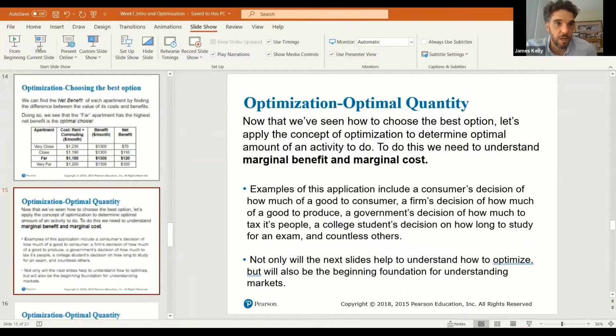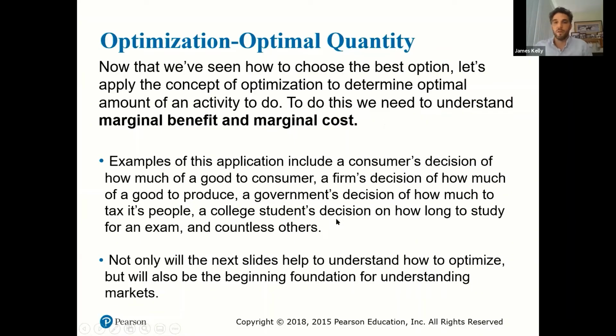So that's what we're going to discuss next, this idea of marginal analysis, or using marginal analysis to optimize. So if we go to our slideshow, a couple pieces that we have to take a look at are, again, these ideas of marginal benefit and marginal cost.